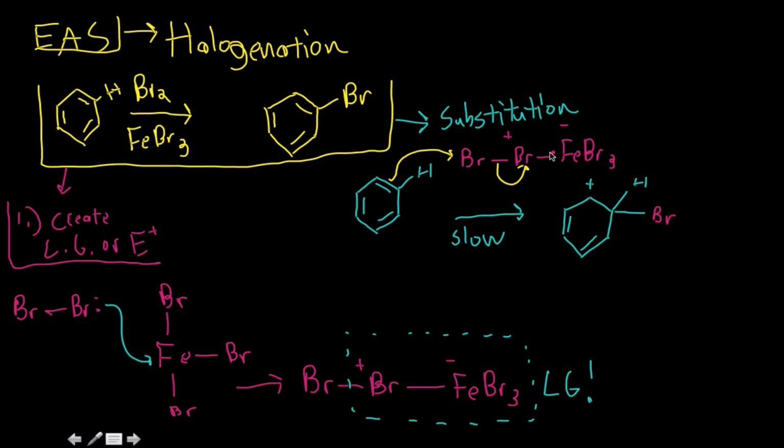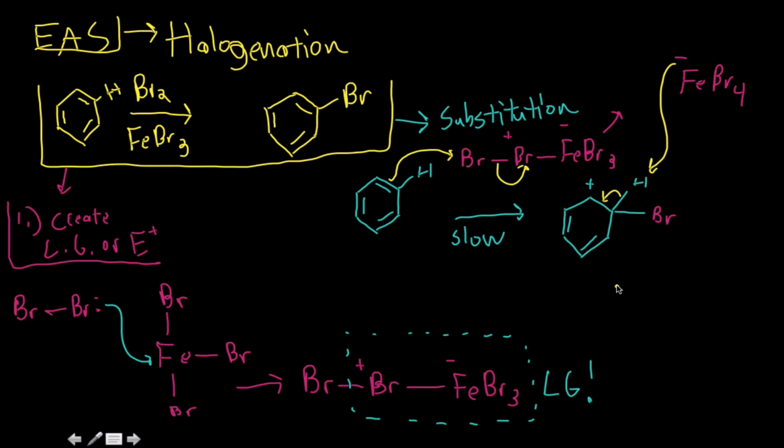So what we get out of this reaction over here is just FeBr4. This still has a negative formal charge though. This in this form is a Lewis acid. Now it's got a negative charge. Well, as you may have guessed, this negative formal charge is going to come in and deprotonate that benzene ring.